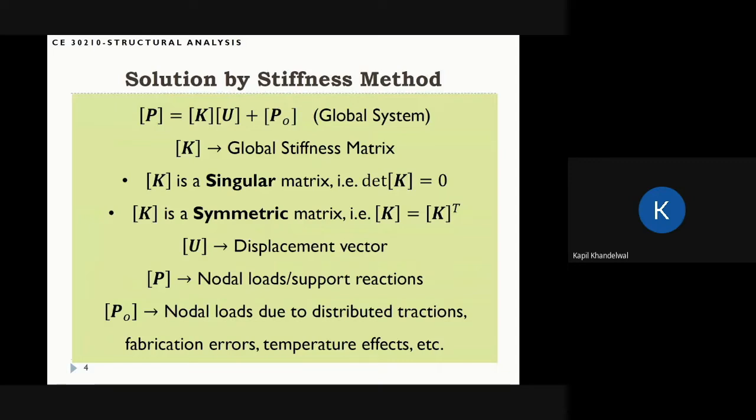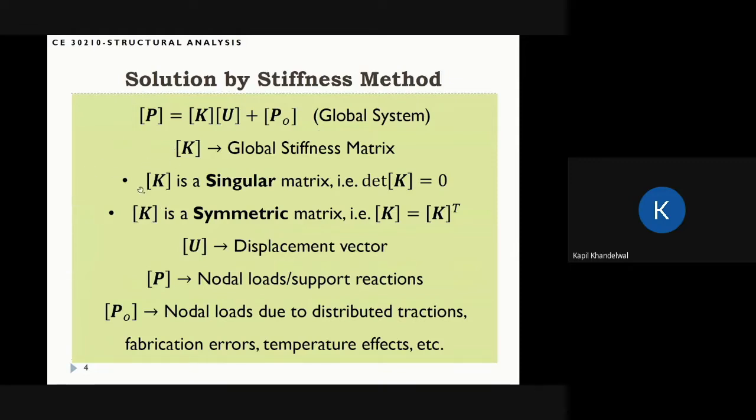If the displacement degree of freedom is actually given, then the corresponding load is a support reaction. So P can be split into two parts. And here U is the global displacement vector, and K is the global stiffness matrix. And P0 is the contribution of the loads coming from the forces that are acting within the member. So this is how we built up the system, and then we can solve the system.